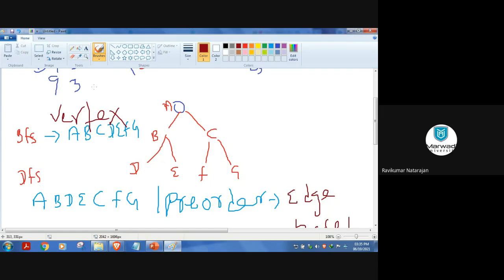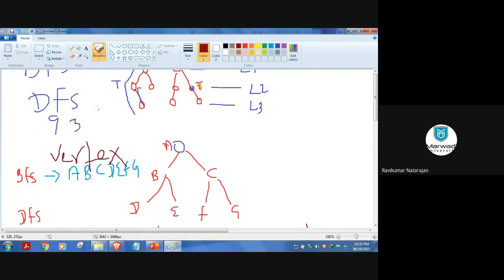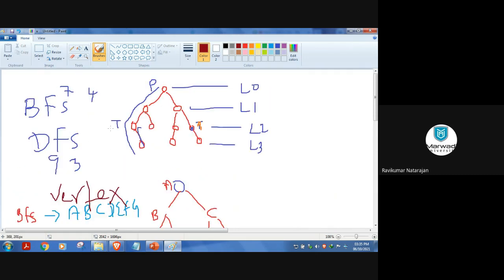Sir, is there any preference for using any of these? Both are similar. That's why I have taken this problem and shown how it differs. If there are more levels, then we use DFS. But we don't know how many levels there are in our computer. Again, all these things are about searching. I might have a small or huge number of files in my computer. I would have to explore all the folders to know.